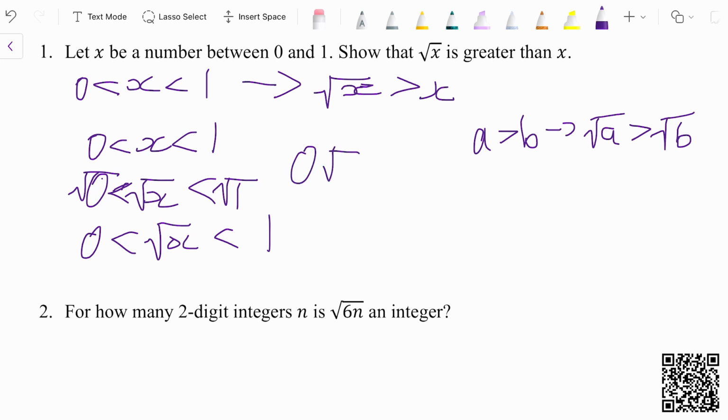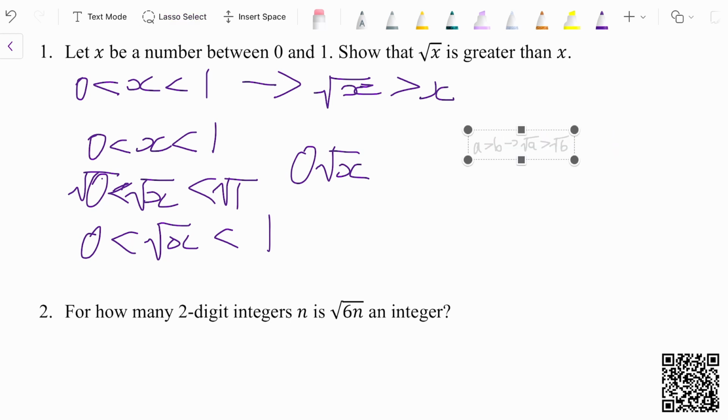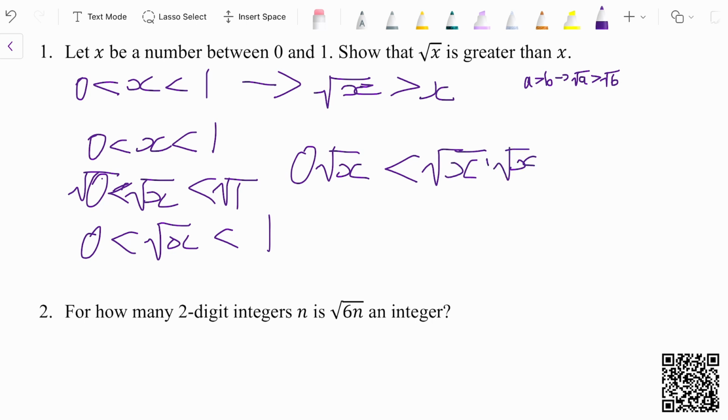So 0 times the square root of x, just writing it out. Wait, let me make this a little smaller. Okay. So that is less than the square root of x times the square root of x, which is x. So now we're bringing x into the same equation, which is less than 1 times the square root of x. Here you might be able to predict the next step, because if we finish solving this entire equation, we'll see this formula.